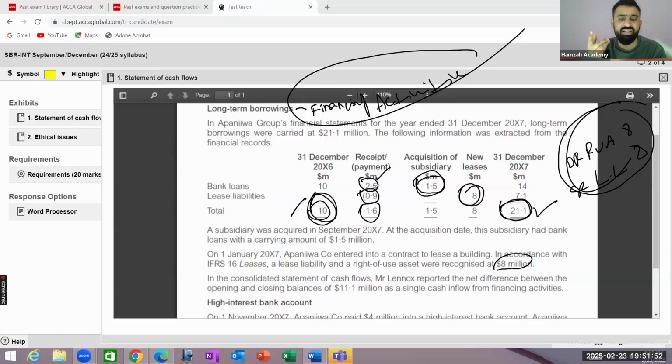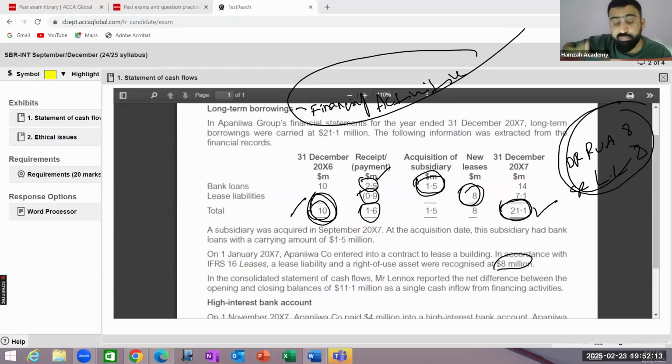If you know that long-term loans are a financing activity, believe me, you have scored at least 2 marks. Even if you make some technical error, if you can identify it as a financing activity, you will get some marks. So you need knowledge. Then you need a skill to apply that knowledge.